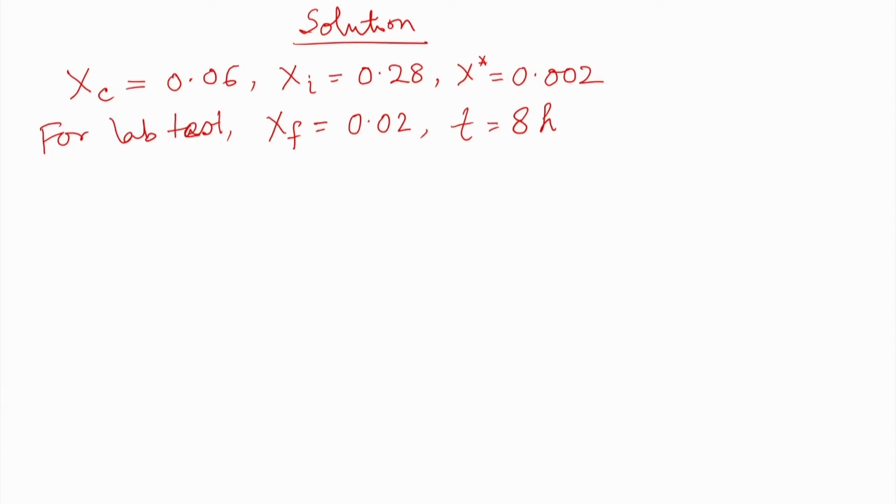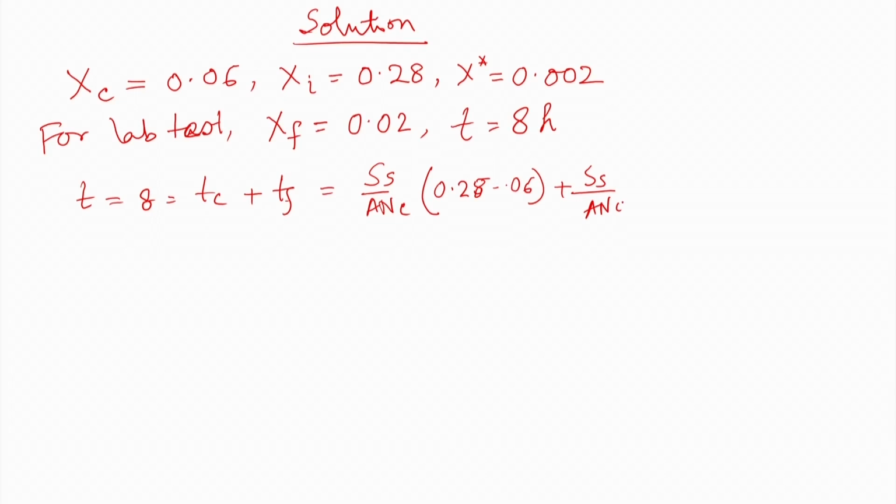So, from the lab test we will say total T is equal to 8, which is T_c plus T_f, that is S_s by A into N_c times x_i minus x_c, that is 0.28 minus 0.06, plus S_s by A into N_c into 0.06 minus equilibrium 0.002 into ln of (x_c minus x star), 0.06 minus 0.002, divided by 0.22 minus 0.002.